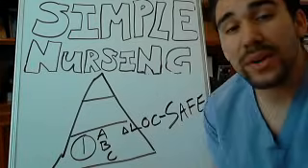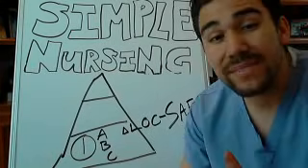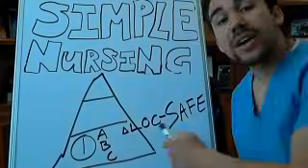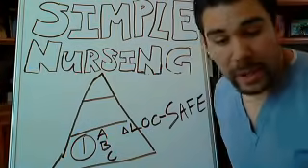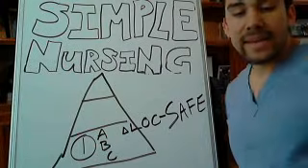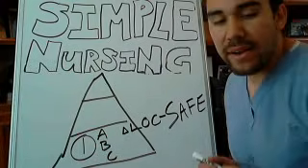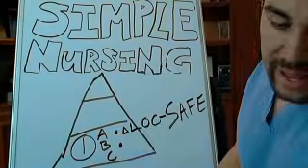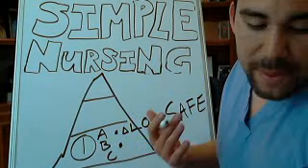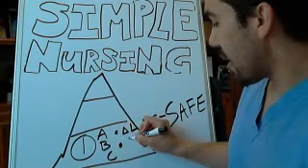Because if your patient's going to fall over and hurt themselves with this level of consciousness change, then that is a priority, okay? Some other things in terms of prioritization: you have an infection or a type of sepsis that becomes a priority.